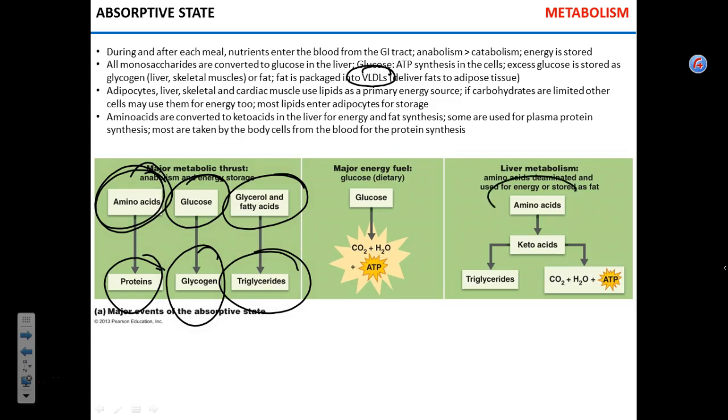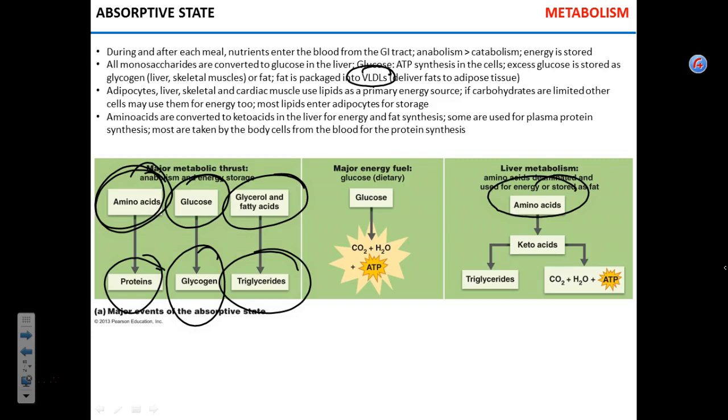If you have an excess of amino acids, some of them will be converted to fat. Does that make sense? You have to understand that it's not like you have a lot of little tiny people sitting in different organs and sorting molecules out. It's not going to be, okay, this is an amino acid, this is for protein synthesis. This is glucose, this is for energy. This is free fatty acid and glycerol, we're going to put them together and send them to the fatty tissue.